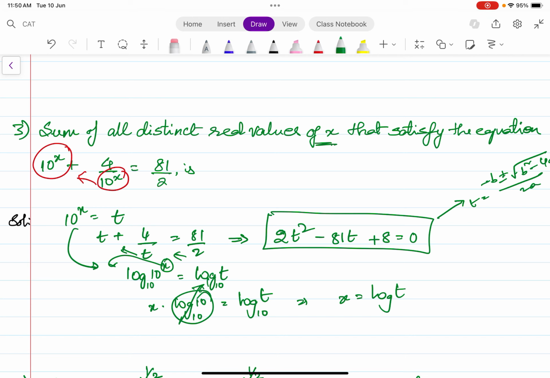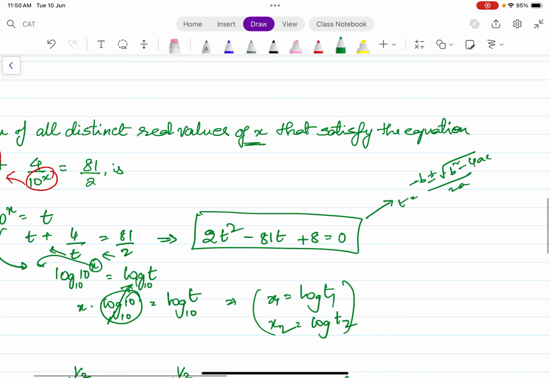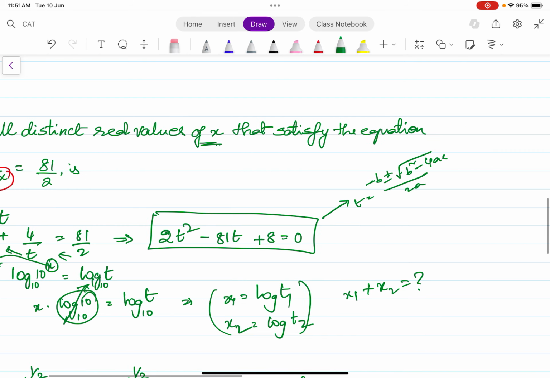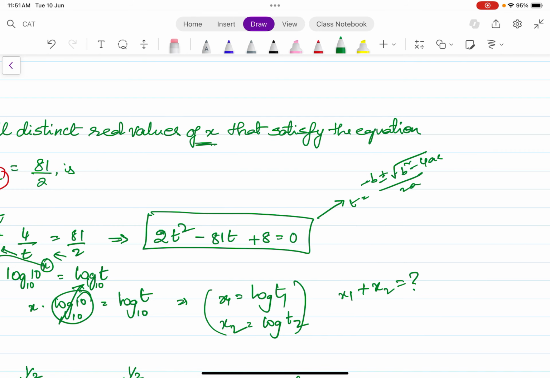Now, you know that this is a quadratic equation, therefore it has two values, t1 and t2. Therefore, it has corresponding x1 and x2. So what they are asking, x1 plus x2, is how much? Sum of all distinct real values of x. Now, x1 is log t1, x2 is log t2, so the sum is how much?